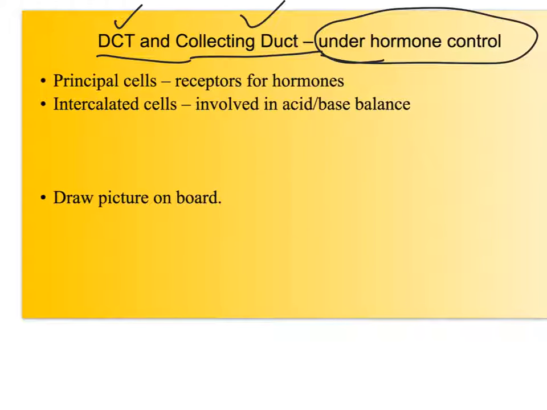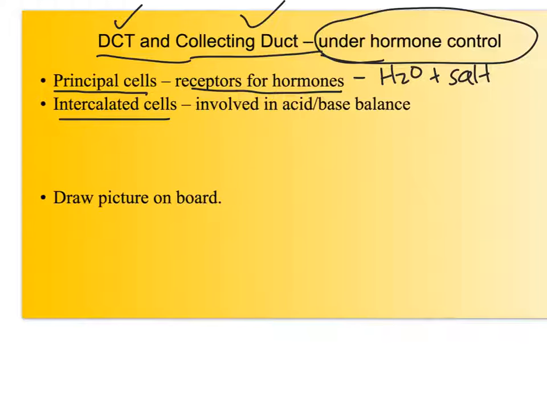There are two kinds of cells that are only found in the DCT and the collecting duct. Those are principal cells. Principal cells have receptors for hormones, so they're going to help change water and salt balance. Then we have intercalated cells.